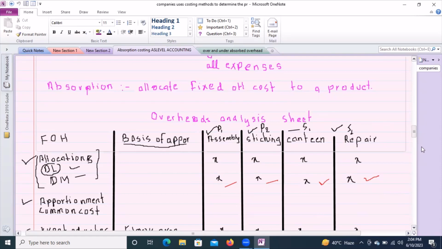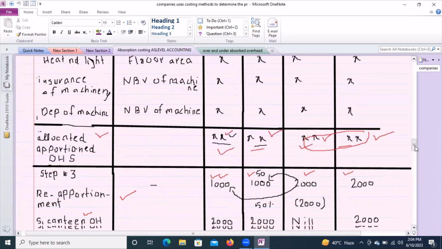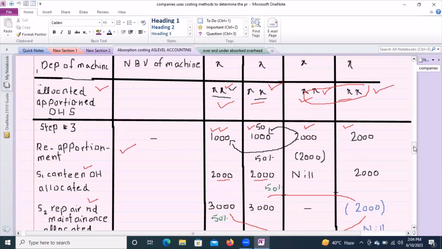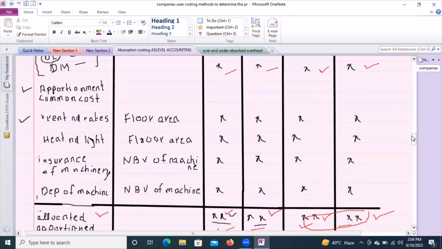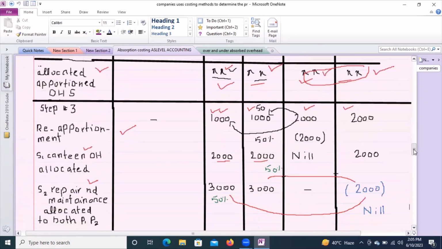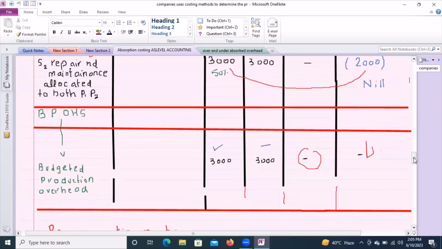And at the end, we have an amount when we add allocations, allocated direct materials and direct labor. And after that we have some other numbers, which are related to apportionment. And when we add these three, we have 3,000 and 3,000 amount for both production departments, and this is called our budgeted production overheads.